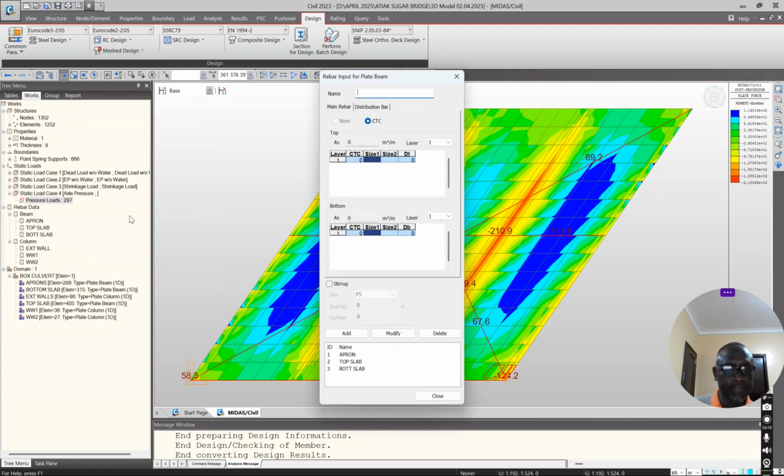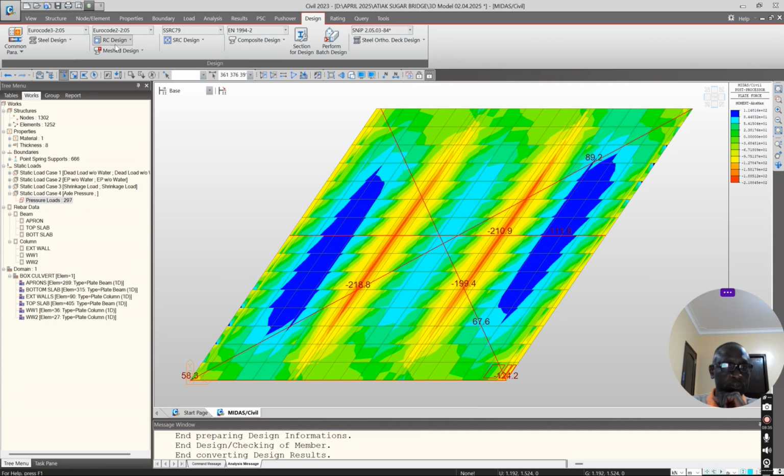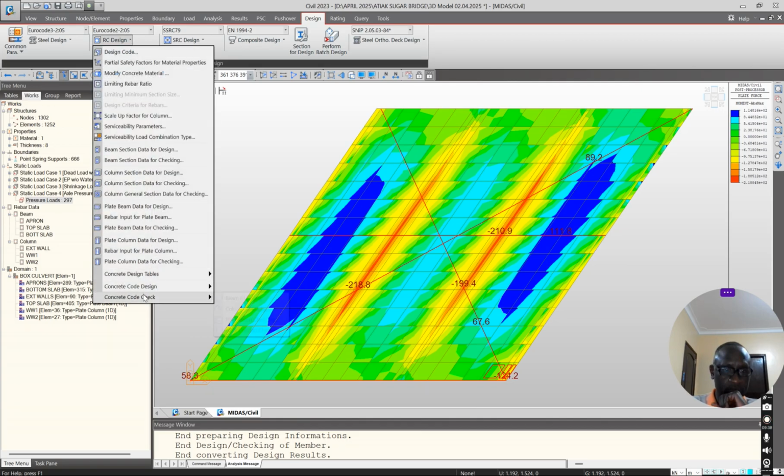plate rebar here, I want to look at my top slab, and then I'm now doing 12, modify, then also distribution, I think this 12, modify, close. So I can quickly look at this.